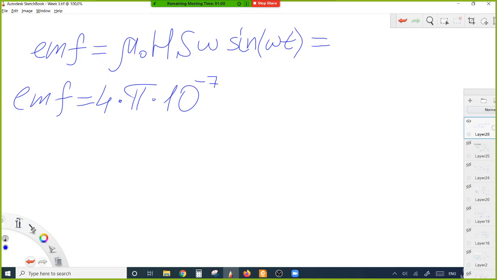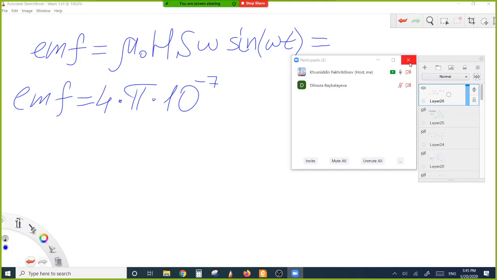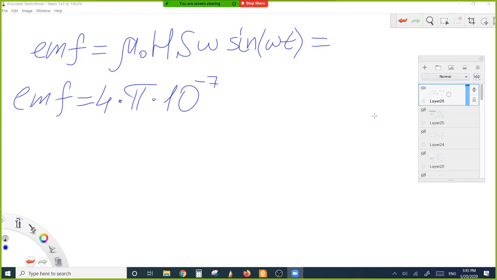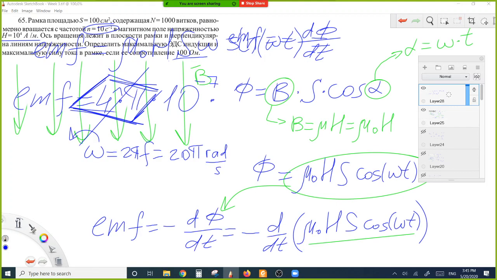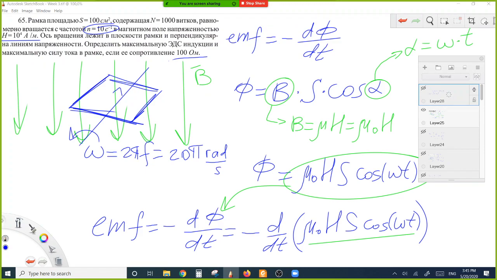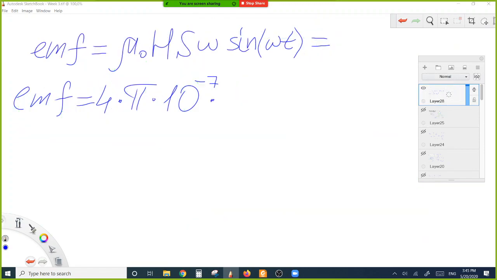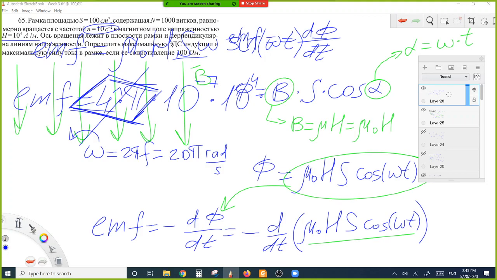So the electric motive force is equal to mu0, which is 4π multiplied by 10 to the minus 7, multiplied by H, which was given as equal to 10 to the power 4, so 10 to the 4, multiplied by S.